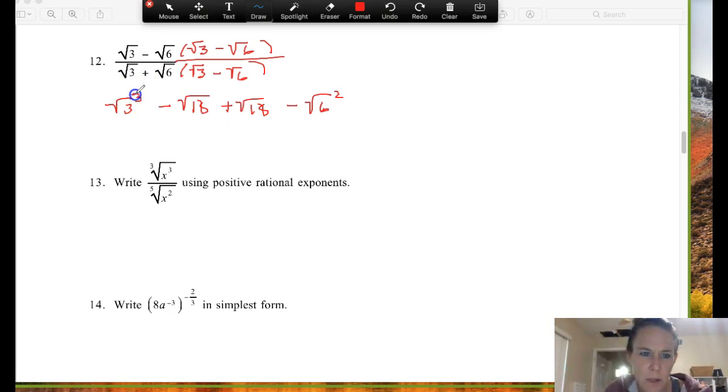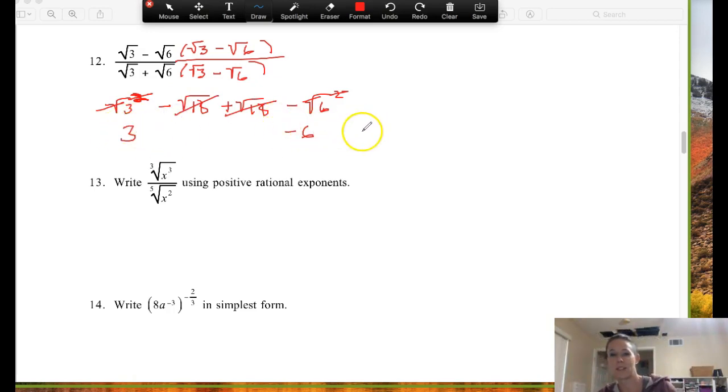Oh, I put a cube there, and I meant to put a 2 there. I apologize. All right, so the square and the square root cancel, and I get 3. The square and the square root cancel here, and I get negative 6. Negative root 18 plus root 18, those go away, and this is how it happens. 3 minus 6 gives me negative 3. So my denominator here is negative 3. All right, now let's do the numerator.